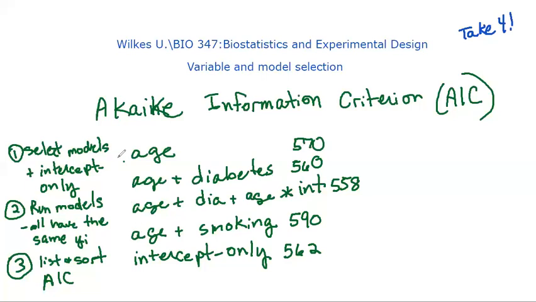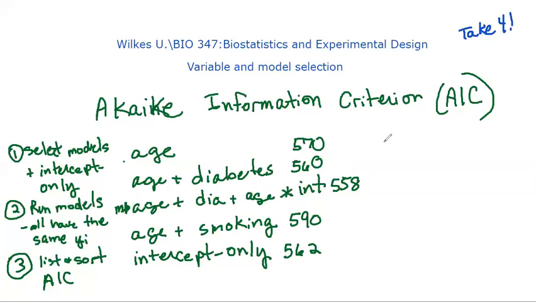And what we want to do is arrange these and put them in order. So our smallest AIC was what? Was this one here. So let's call this model 1.